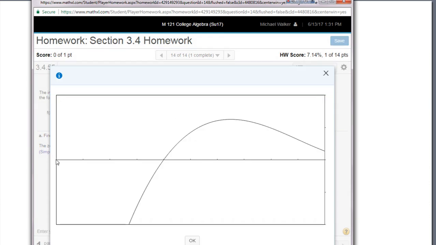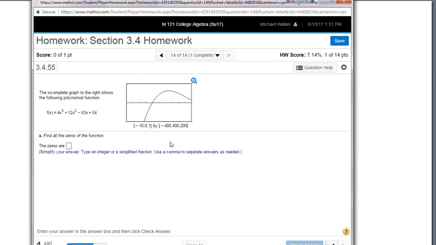I can count out from -10, -9, -8, and so on, and we've got a root when x equals -6. So f of -6 is equal to 0.